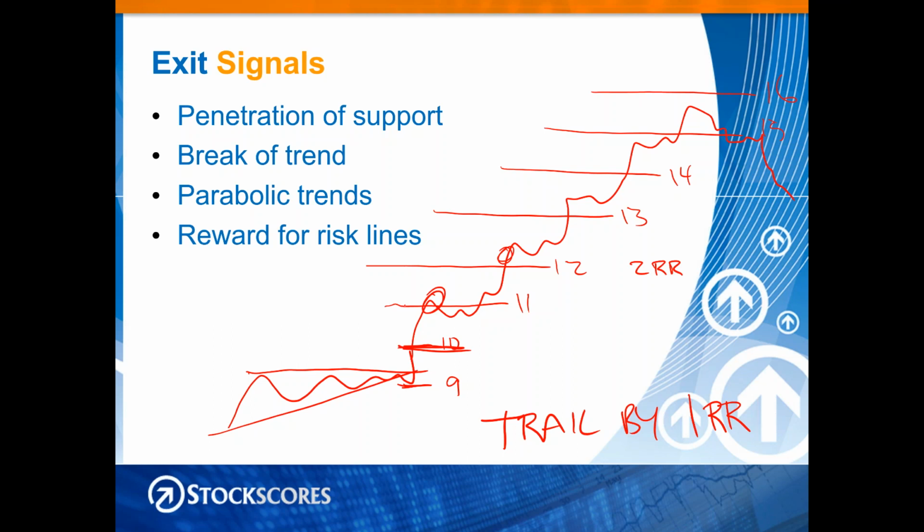So now we're going to put our stop loss point at 11, the 1 RR line. And then it moves above 13, so now our stop will be at 12. Moves above 14, so now our stop will be at 13. Moves above 15, so now our stop will be at 14. And in this case, we got stopped out at 14. We exited the trade automatically when it hit that $14 price because we were trailing by 1 line.